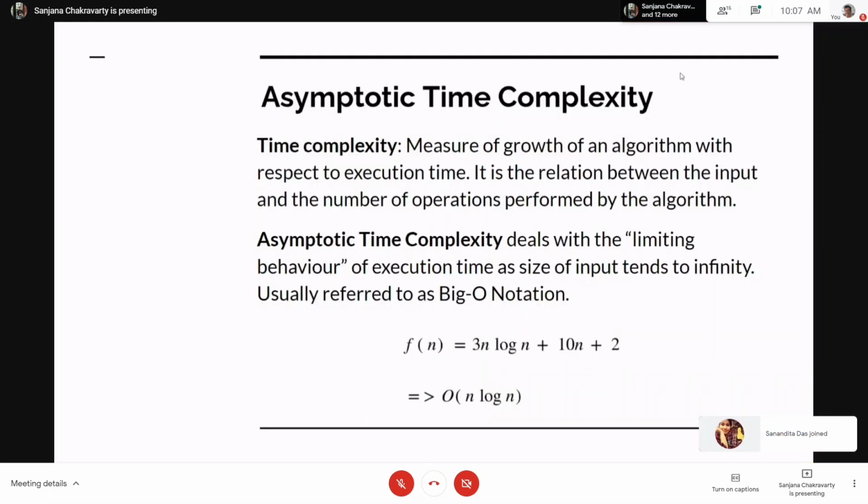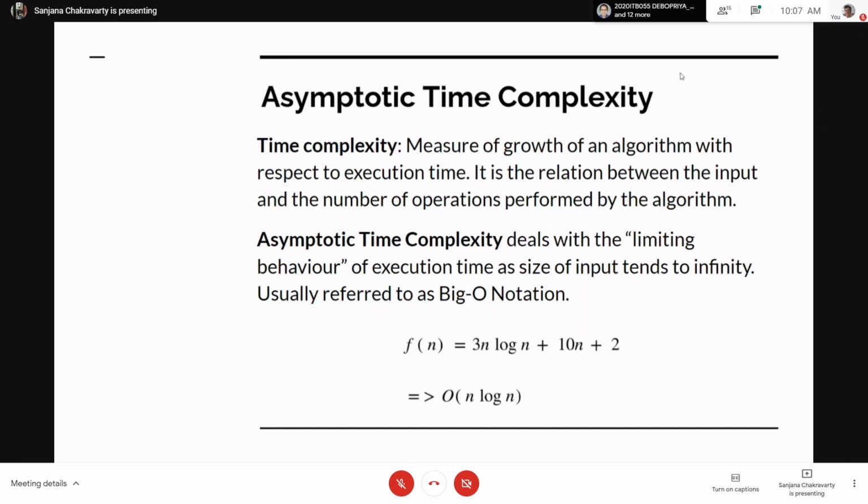When we talk about time complexity in computer science, we are interested in asymptotic time complexity. What is asymptotic? Something that tends to infinity and stabilizes. So we're not interested in small values of n, where n is the input. Suppose you're sorting an array of 3 elements. We don't want to know the time taken to sort 3 elements, but we do want to know the time taken to sort, say, 1 million elements.